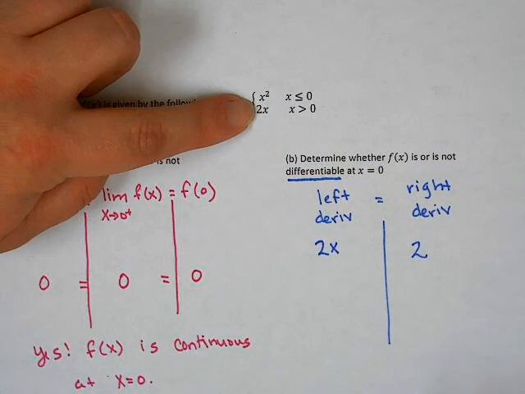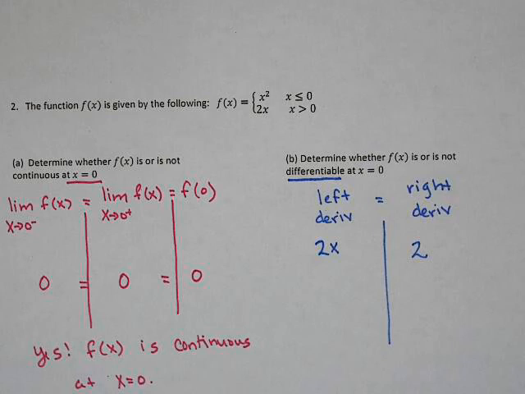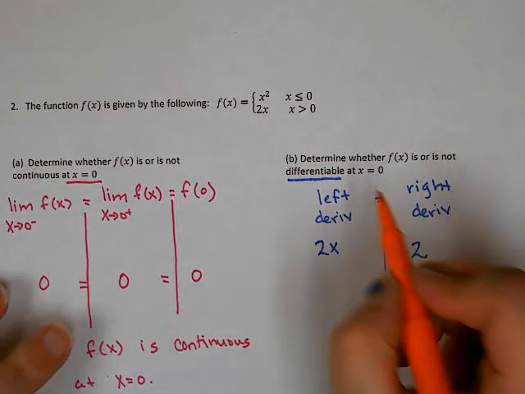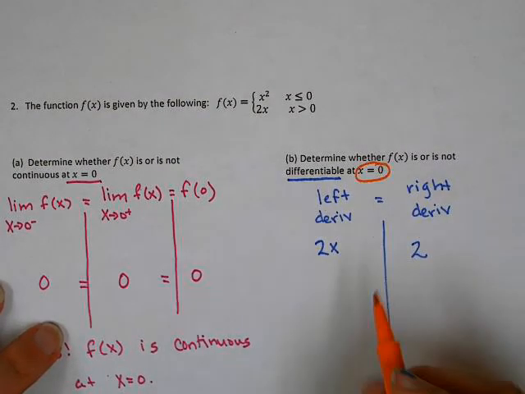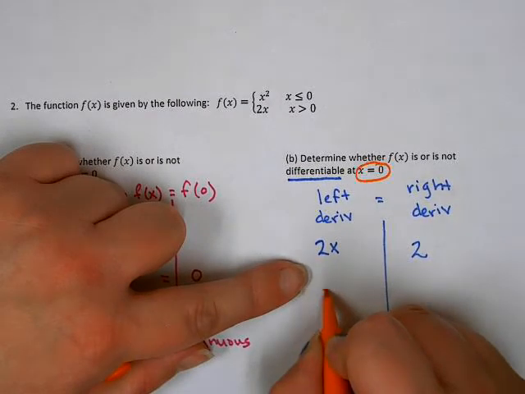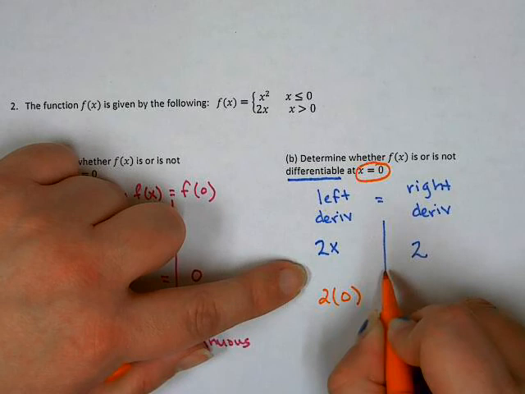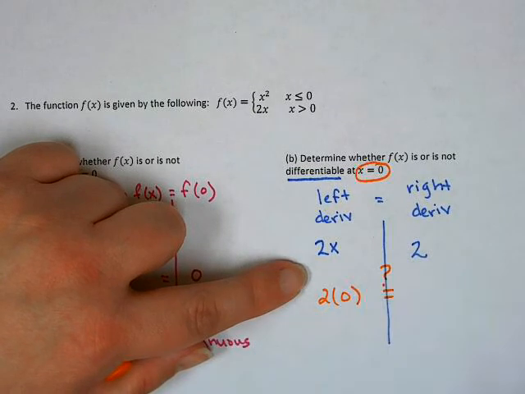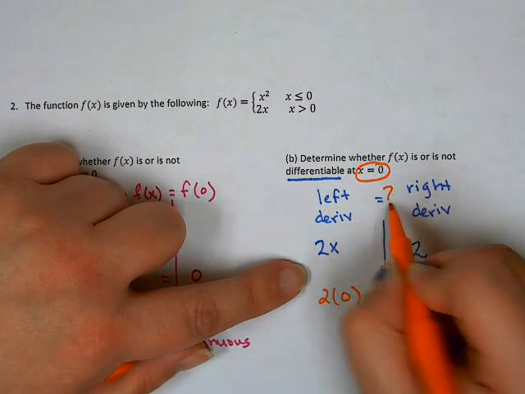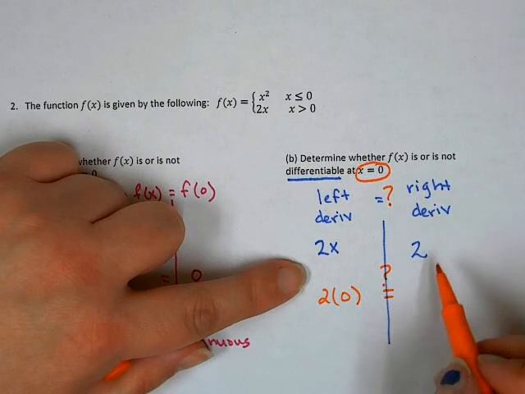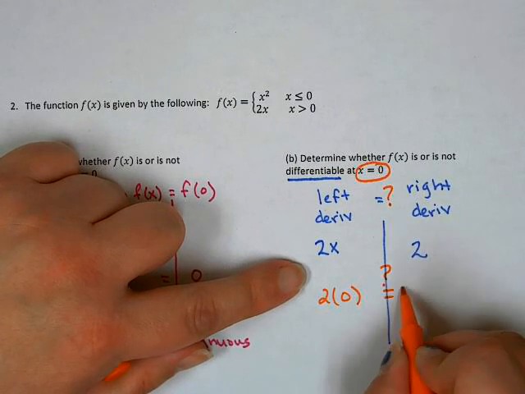Now, they're telling us to evaluate it when x is equal to 0, which means I'm going to plug in 0 for x, and I'm trying to figure out if these are actually equal to each other or not. But the derivative on the right is just 2, no matter what the value is.